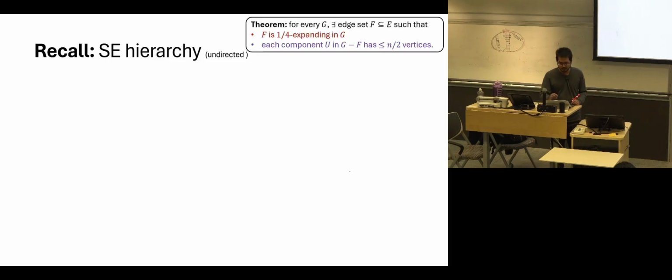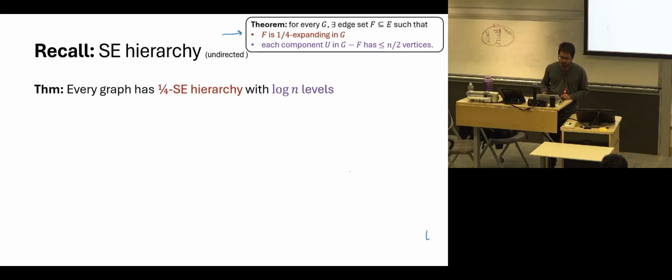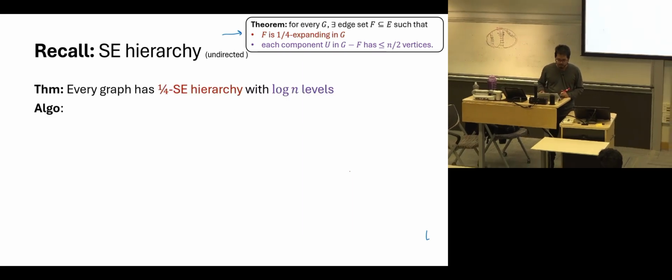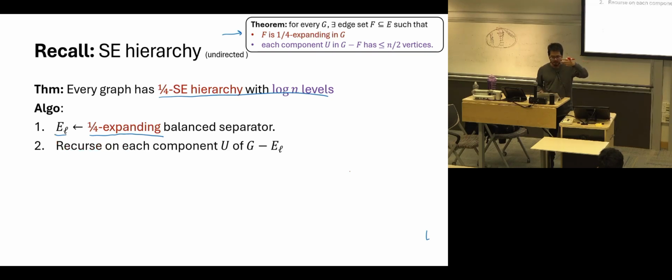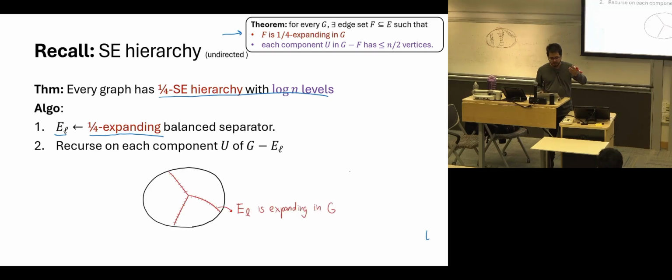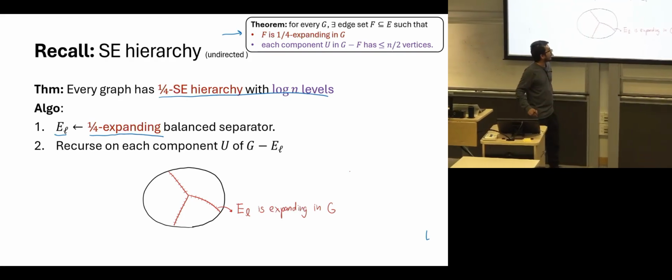In the undirected case, we have an expanding balanced separator, and we can get some hierarchy with log n depth. How? Just find an expanding balanced separator, set this aside as the top-level separator, and recurse on each component. Like this, you find a separator, and for each component, you just find a separator on each component.